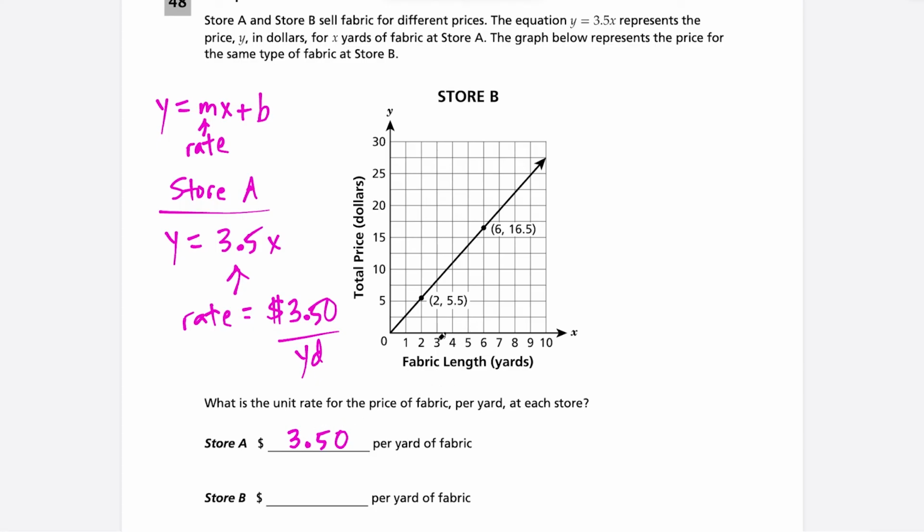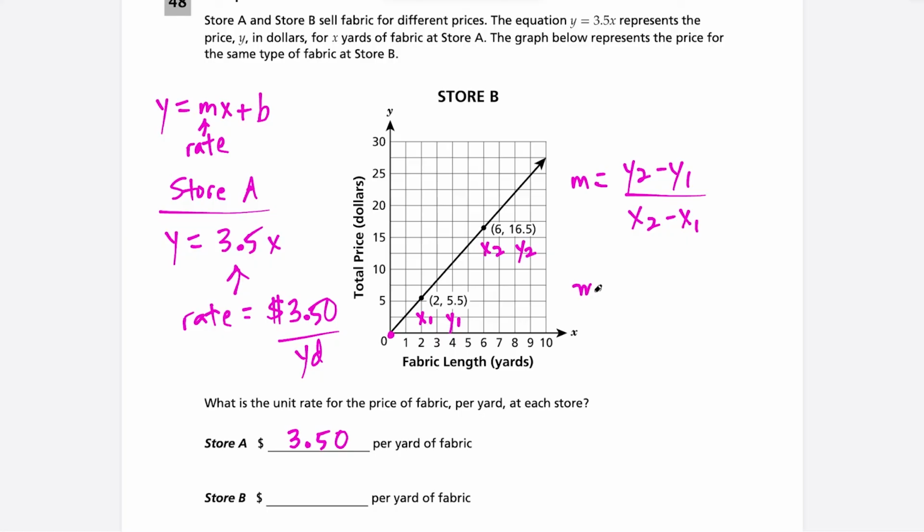And now for store B, if we want to find the rate, we're going to have to find the slope between the 2 points here. I could use these 2 points, or I could use the origin, because this is coming from 0, 0, which makes sense because if you buy no fabric, you're going to pay $0. But let's say I use the 2 points that they gave us. I'm going to call this x1, y1, and this x2, y2. So we're going to use y2 minus y1 over x2 minus x1.